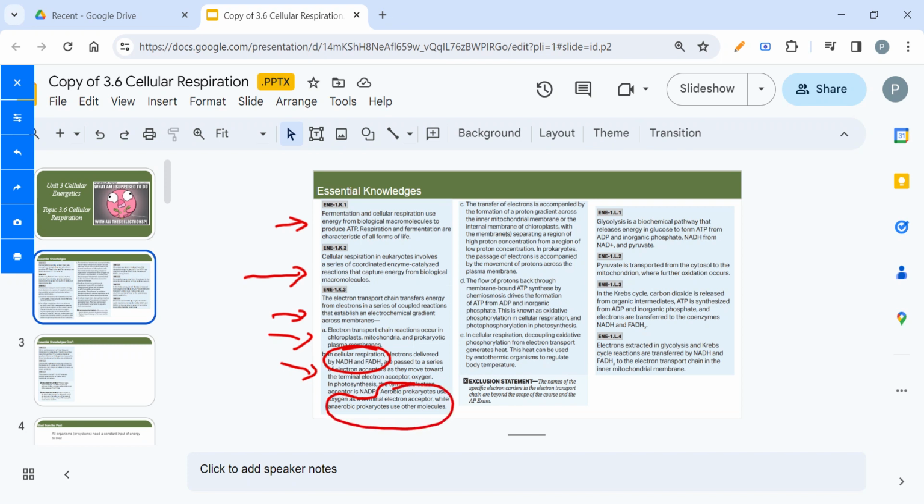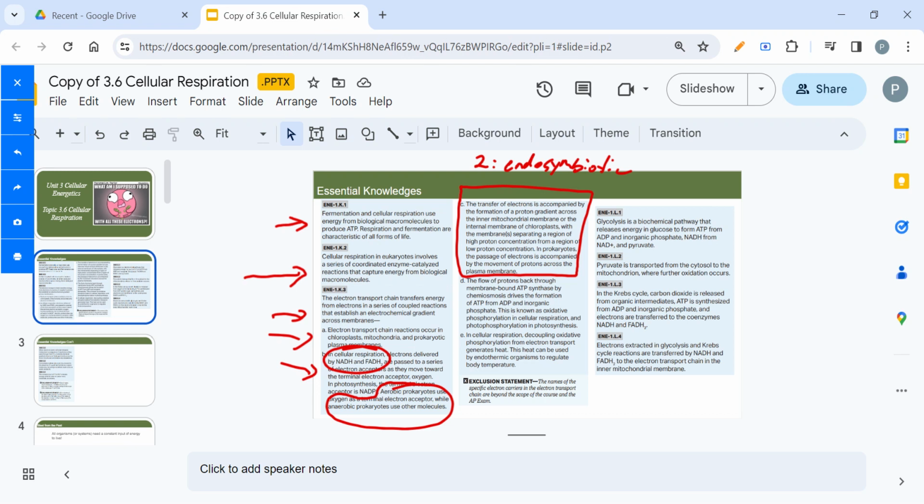You also have aerobic prokaryotes that are able to do this as well. We're going to briefly mention that some prokaryotes have an electron transport chain, which in eukaryotes is found within the mitochondria. The reason we talk about this is that back in Unit 2, we talked about the endosymbiotic theory. The whole idea was that one cell ate the other cell and then incorporated part of it.